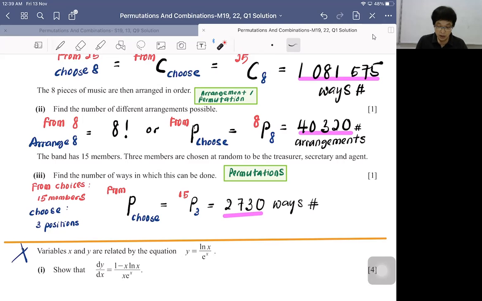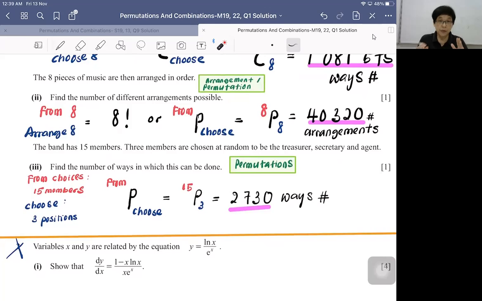Okay, then now we look at how many choices there are going to be for the 3 positions. They're going to choose from the 15 members.